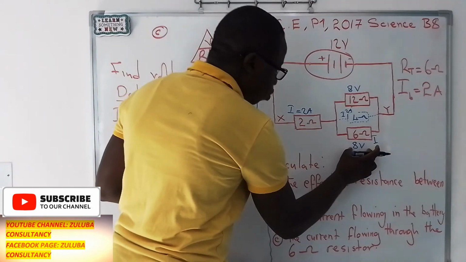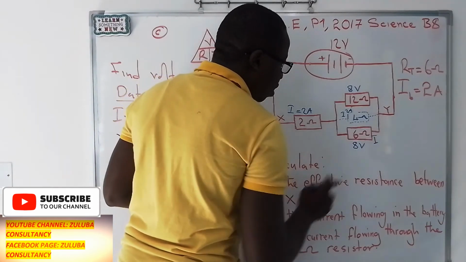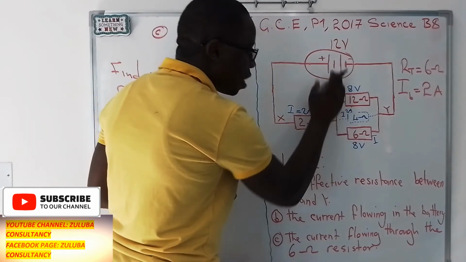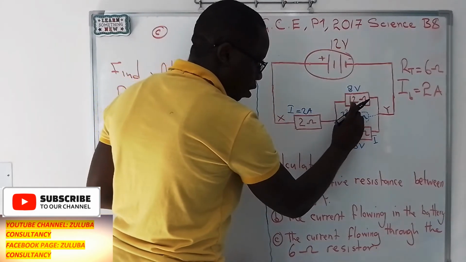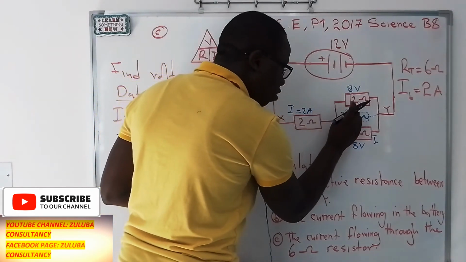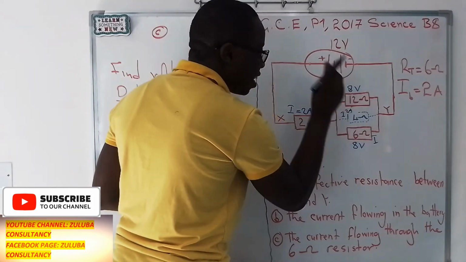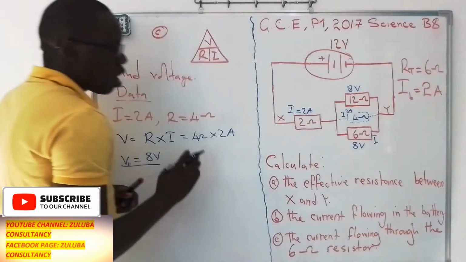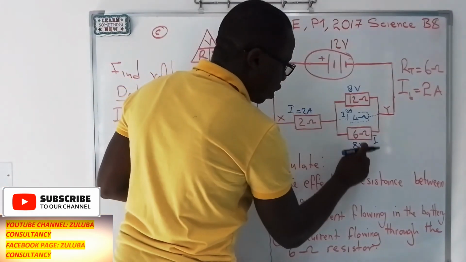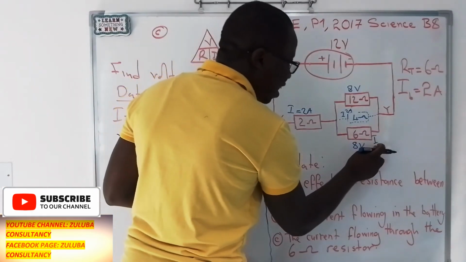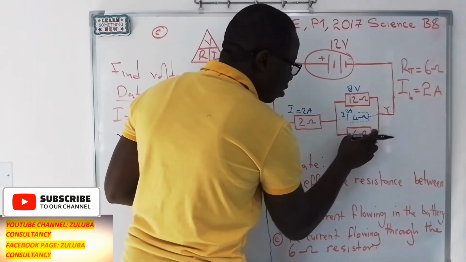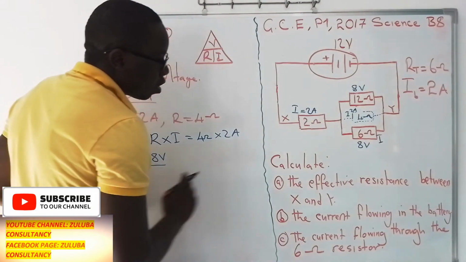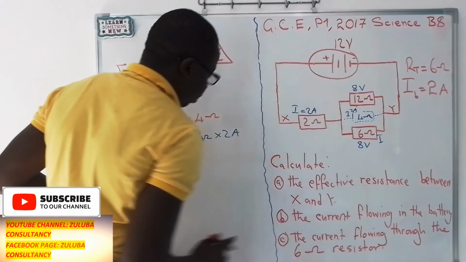So in parallel, the potential difference coming at this point is the same. So if you know that, now we can use these two figures to know the current as a result of this resistor. What will be the current now at this point?